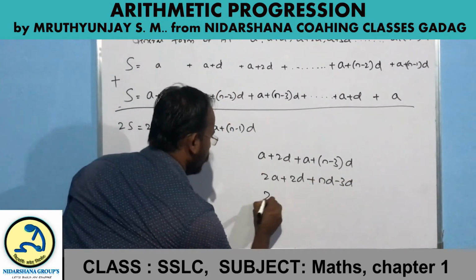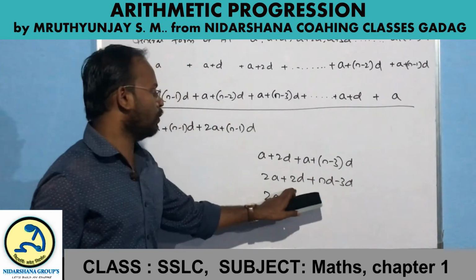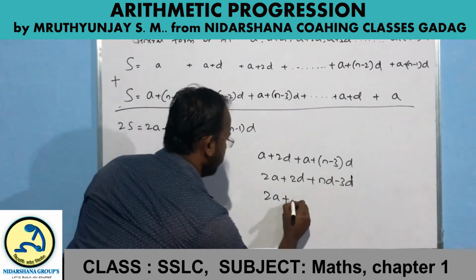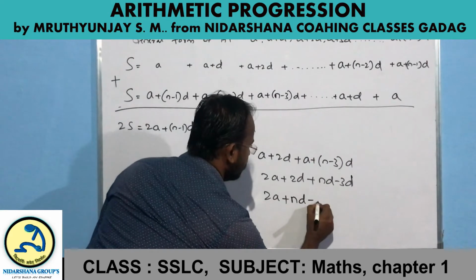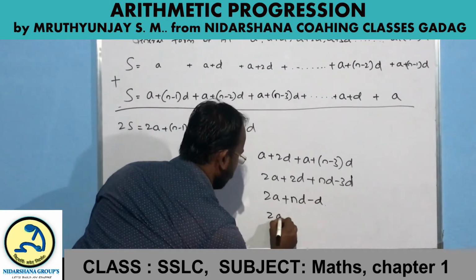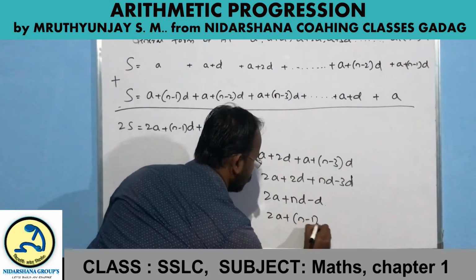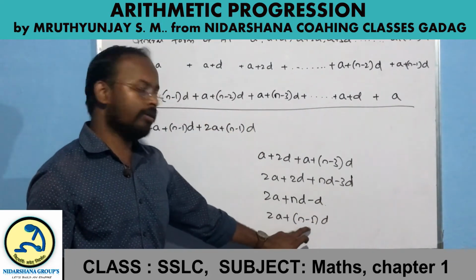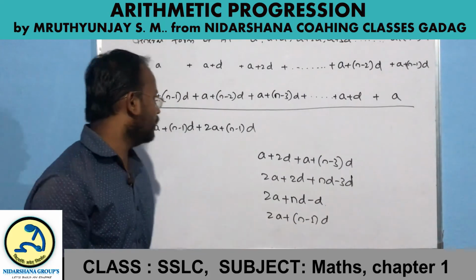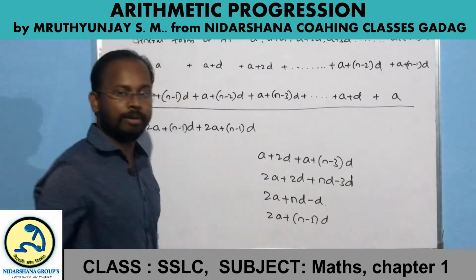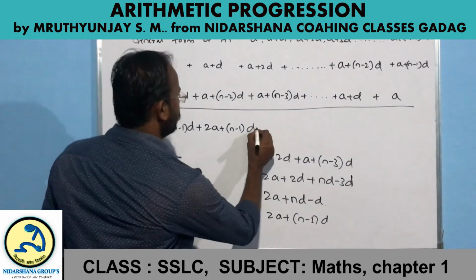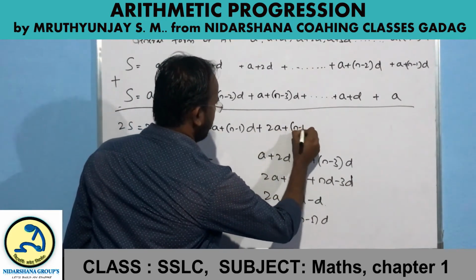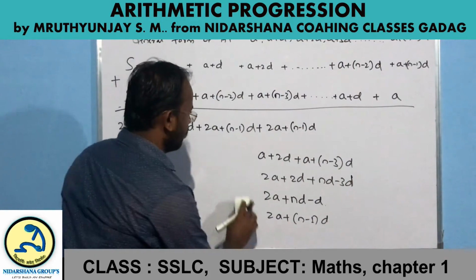So it becomes 2a plus 2d minus 3d, it becomes minus d. So better I will write nd minus d. That becomes 2a plus n minus 1 into d. If I take d common here, in the bracket we get n minus 1 into d. So here also we get the same term, that is 2a plus n minus 1 into d. So I will write this here. Okay.